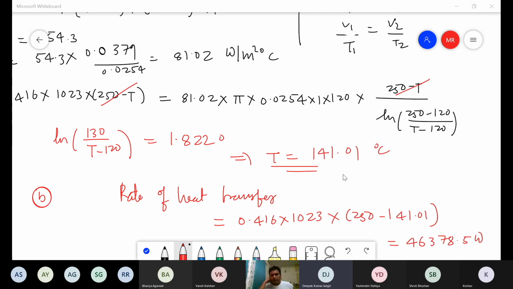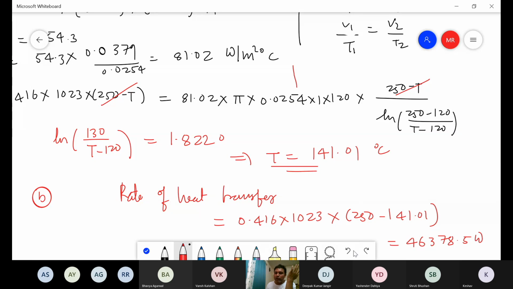Sir, in part A, if we have to take another iteration, then how will we calculate the average temperature again? Let me explain. Suppose this temperature 141 is not close to the earlier one, let's say instead of 141 we got 120 here. Then we will take 120 plus 250 and take the average of that, and go for one more iteration with the new values of the parameters.